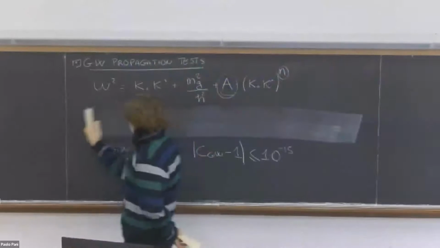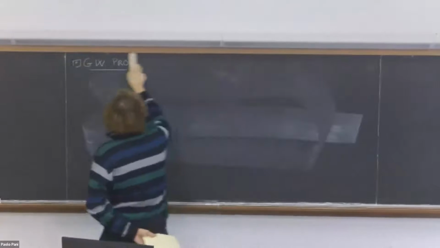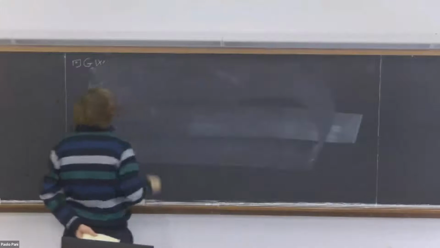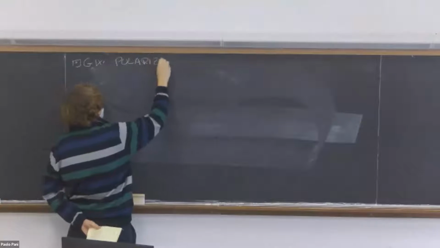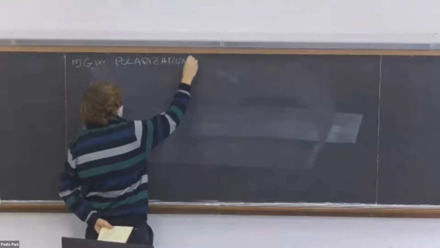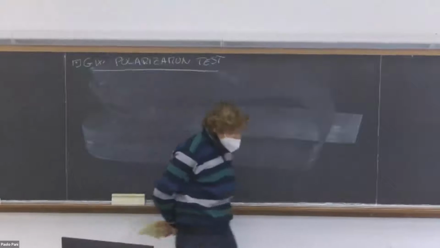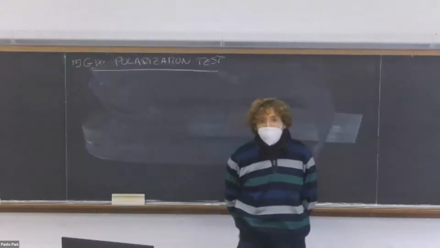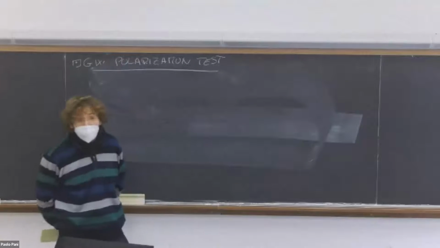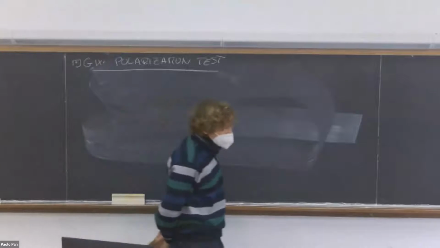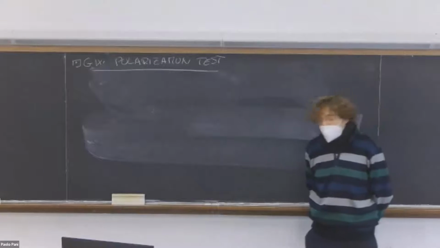Okay, before moving to the ringdown, the other comment I want to make is related to gravitational wave polarization. These are also a different kind of test, a sort of model independent test that one can perform. And the idea here is that GR, as I was saying, propagates only 2 degrees of freedom.